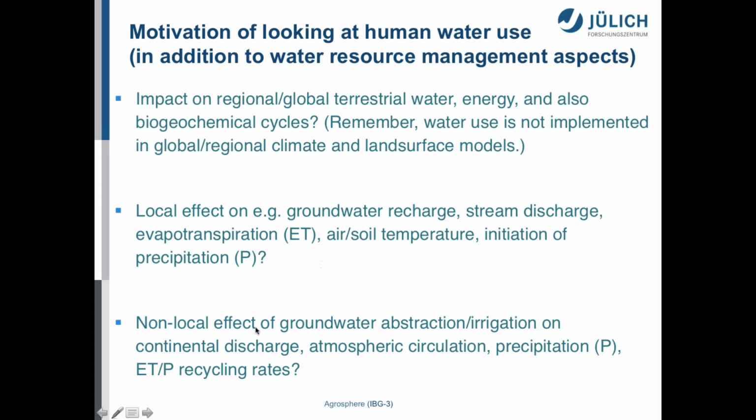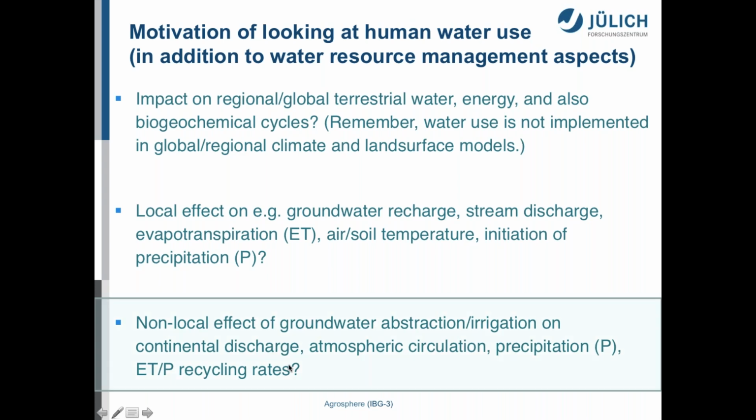And of course, then the non-local effect of groundwater abstraction irrigation. Well, what is the impact on continental discharge, atmospheric circulation, and then, as we mentioned before, precipitation and the evapotranspiration and the ET cycling rates. So these are really the questions that move us, and here I want to focus mainly on the non-local effect of groundwater abstraction and irrigation.